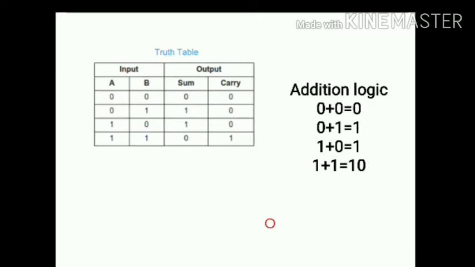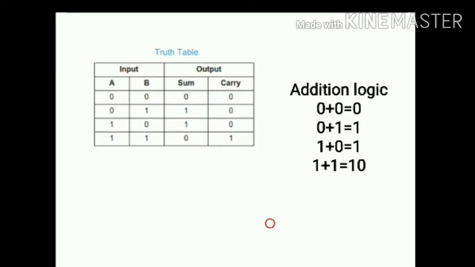Now look at the truth table. The two input variables are A and B and the values are 0, 0, 0, 1, 1, 0, 1, 1. Then the two output variables are sum and carry. Now we'll find sum and carry for the four values.